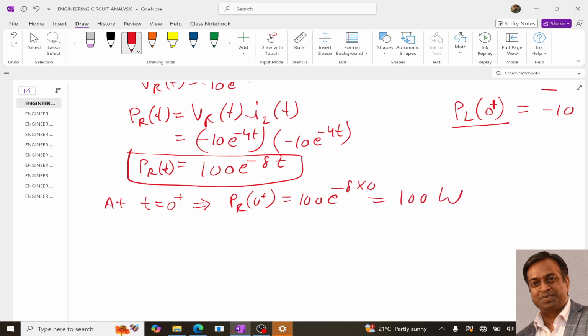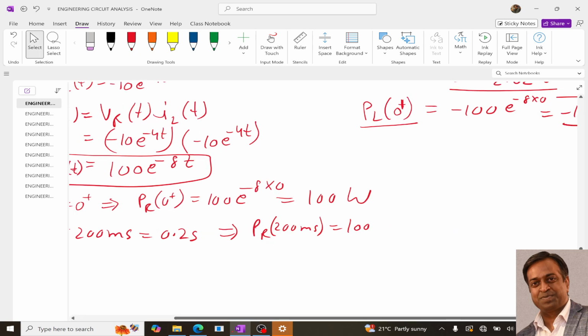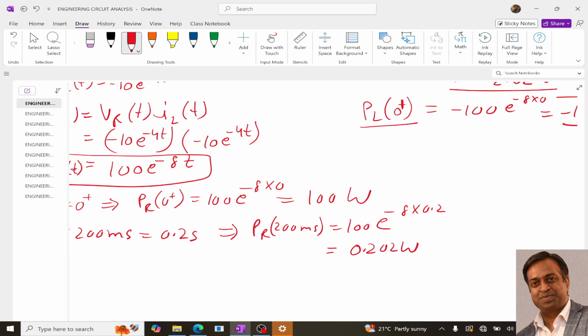At t equals 200 milliseconds, means 0.2 seconds, our PR will be 100 e power minus 8 into 0.2. So this will give you 0.202 watt, right?